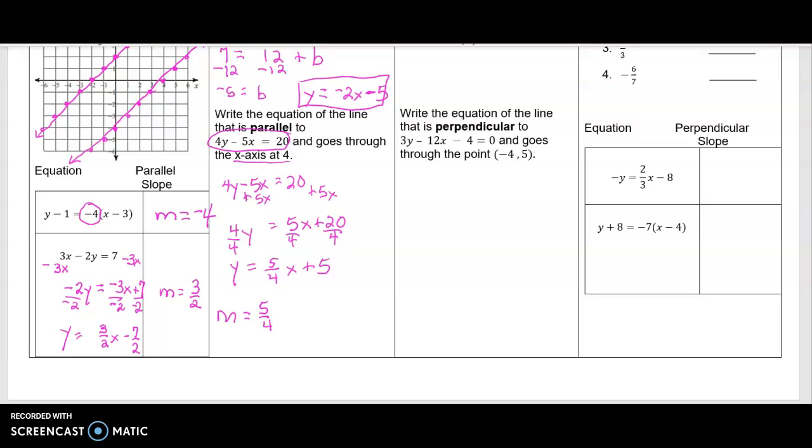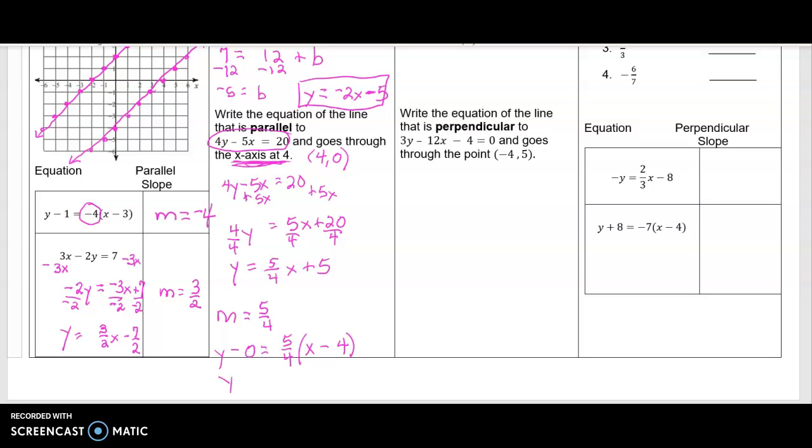If it goes through the x-axis at 4, that means that it passes through the point 4, 0. It passes through the x-axis at 4. It's got an x-intercept of 4, 0. We could even use the point slope form to find the equation. So we would say y minus y1, which is 0, equals our slope, 5/4, times x minus x1, which is 4.